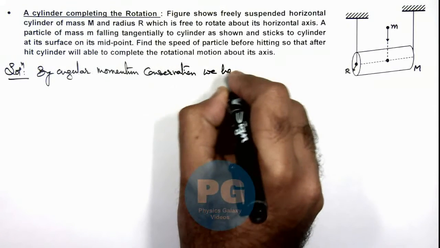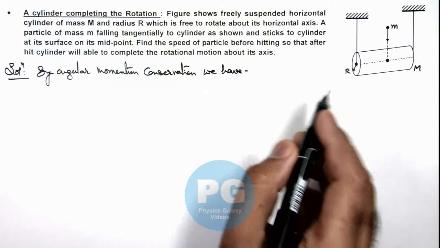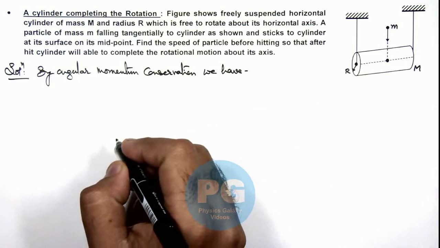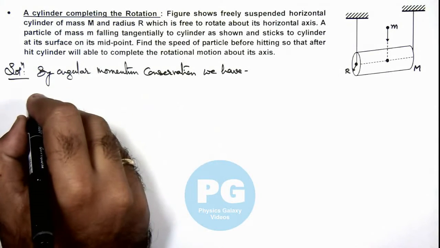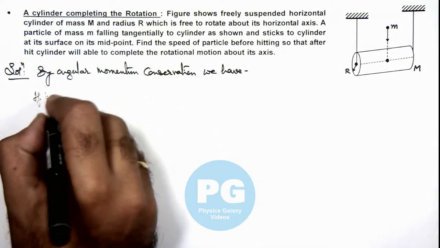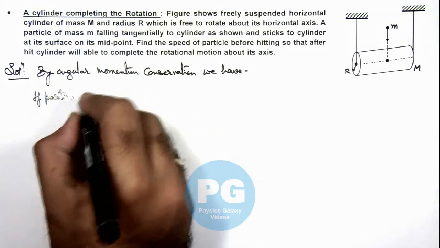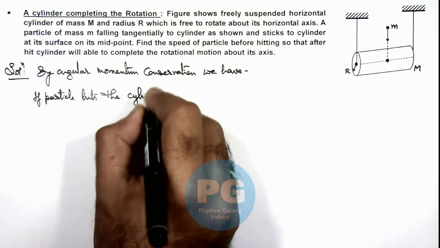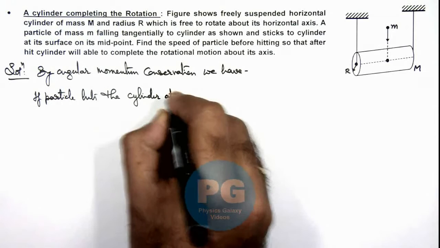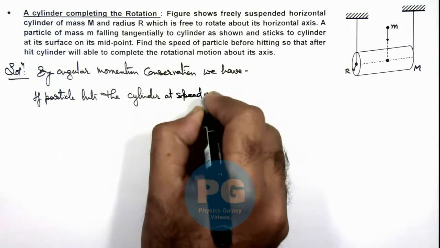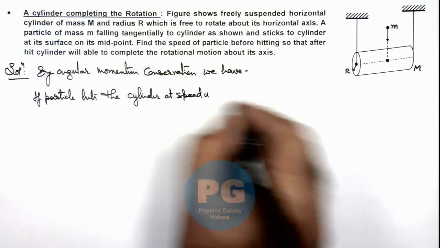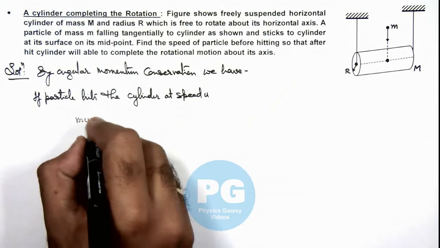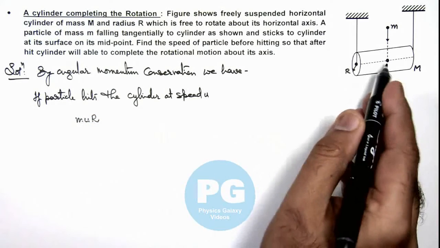We can write, if the initial speed of this particle at the time of hit is u, that if the particle hits the cylinder at a speed u, then the initial angular momentum of this particle is mur, that is before the hit.